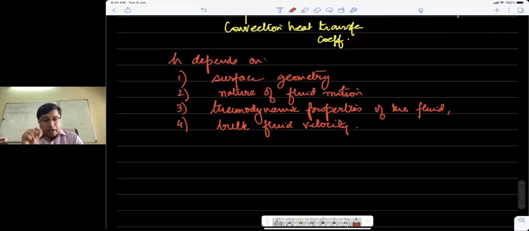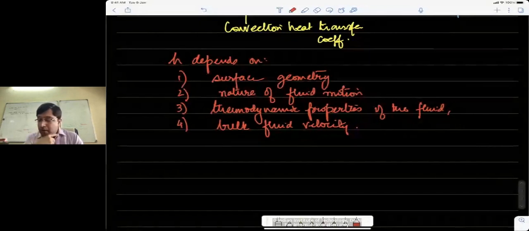Very elaborate experiments are done to measure the value of h, and it is not an easy task because it changes from problem to problem. It depends on a variety of factors, and these are not all the factors. There can be more factors in the list, but it depends on many factors, including prevailing conditions.